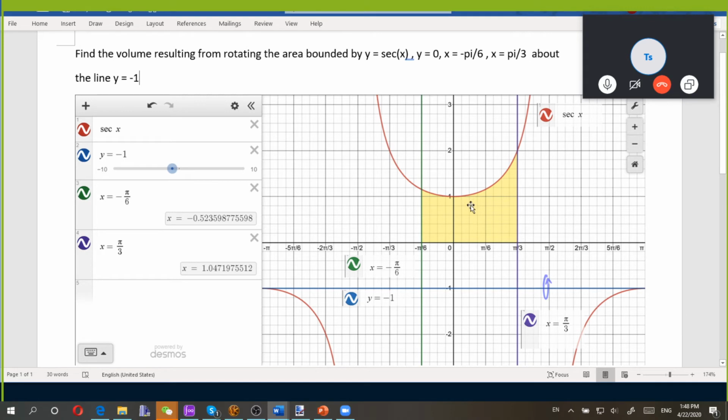So I'm going to take this yellow area and spin it about the blue line. And then I want to know how much volume that yellow area would have passed through if I spun it around the blue line.